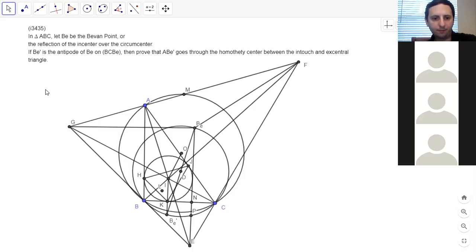Yeah, this is hard. I don't even know where you would start on this. What would that mean if AB prime went through that point?